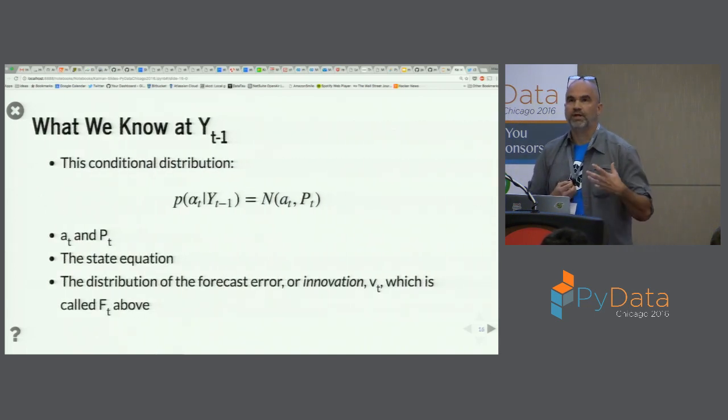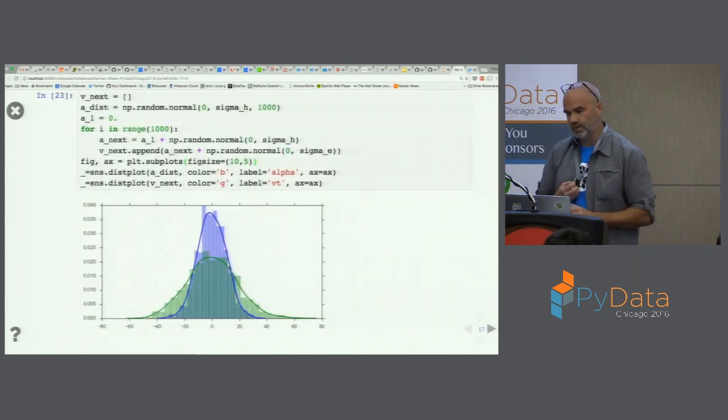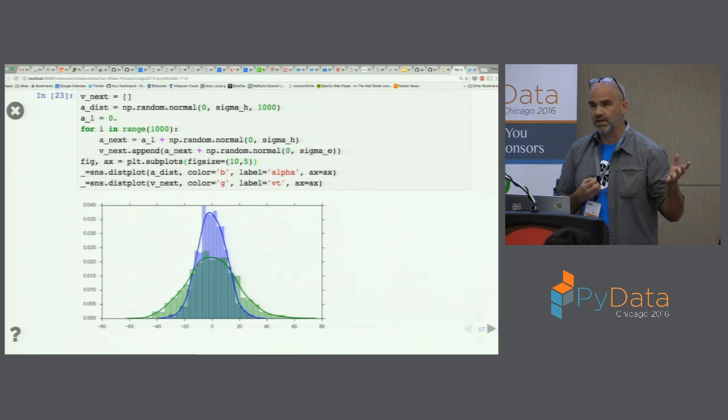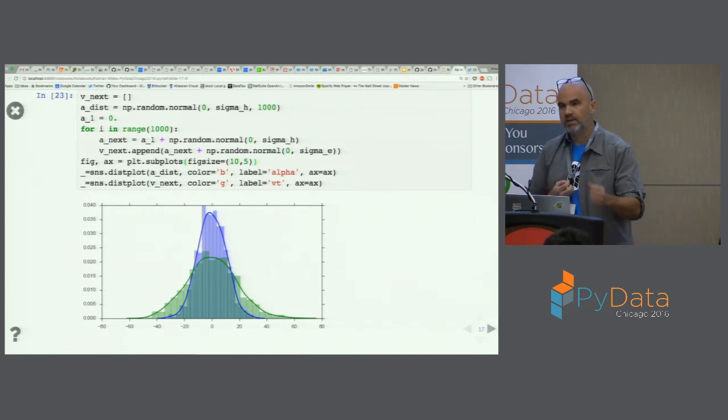What we're really trying to determine is a new conditional distribution, a distribution of the state given the observations that we have. We start off with some estimate of the state prior to that observation. We know the distribution of the possible next states, and we know the distribution of the possible errors in that next state.